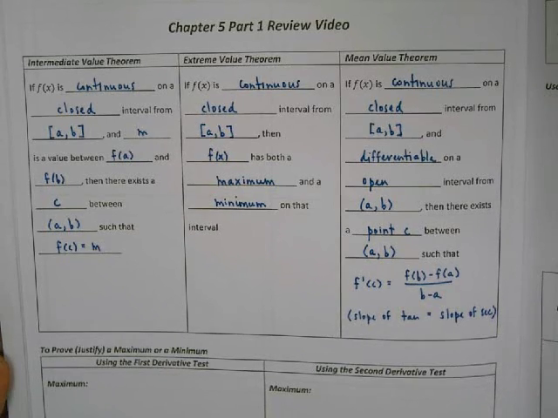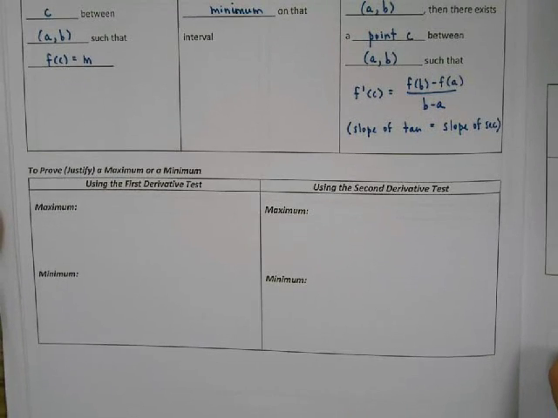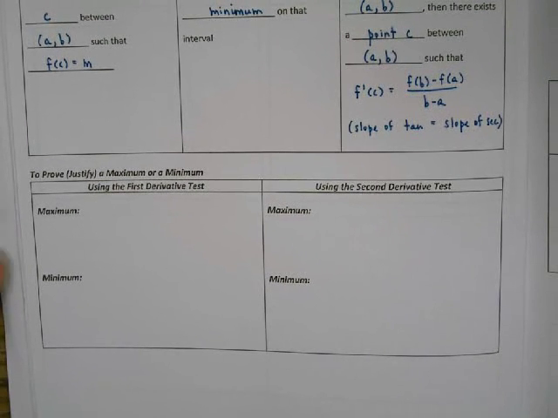So from there we went on and talked about our first derivative test and our second derivative test, right? And luckily they're kind of just how they sound. The first derivative test uses the first derivative to determine whether a function has a maximum or a minimum.